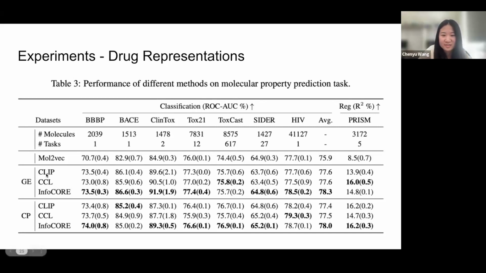And this molecular property prediction is a very out-of-distribution task, because most of these molecules didn't appear in the drug screening data set that we are using. And there may be a very huge distribution shift.